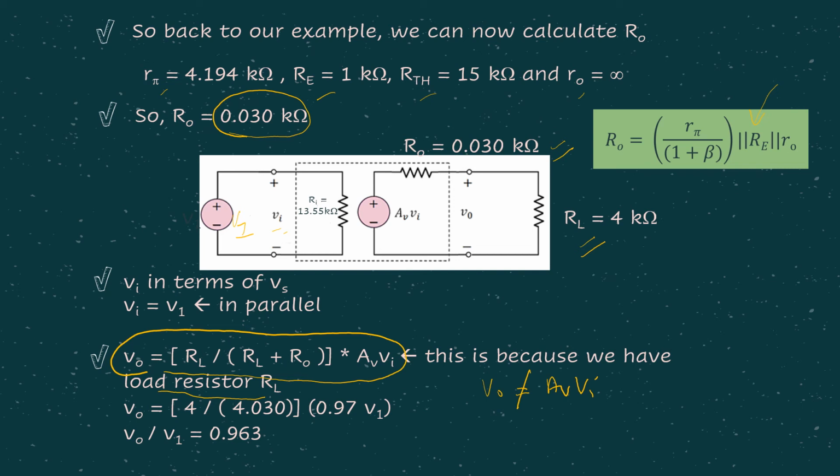So you do voltage divider to find V0. Then substitute AV, which you already found just now, and replace Vi with V1. Obviously for this example, V0 over V1 equals 0.963.